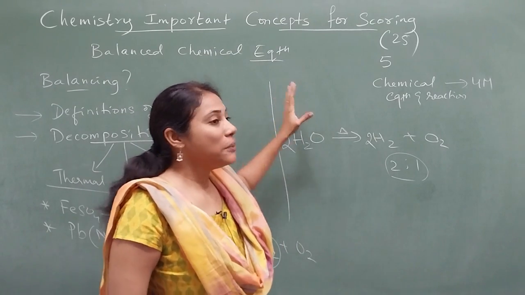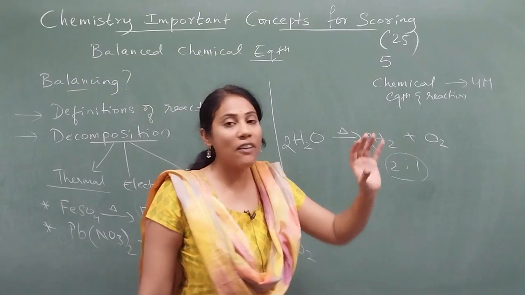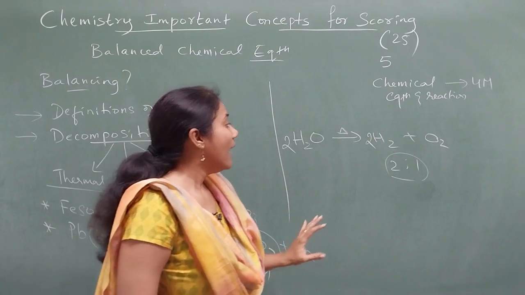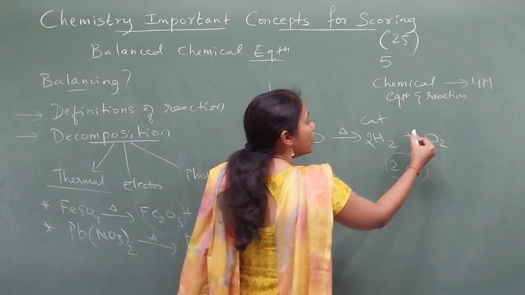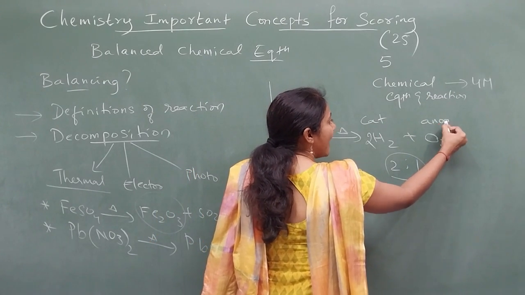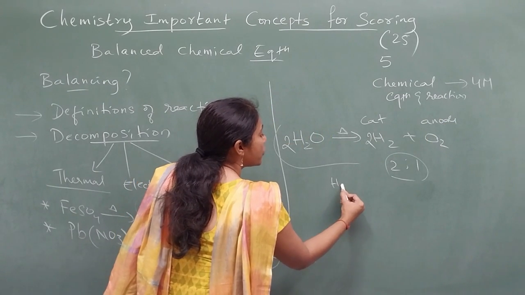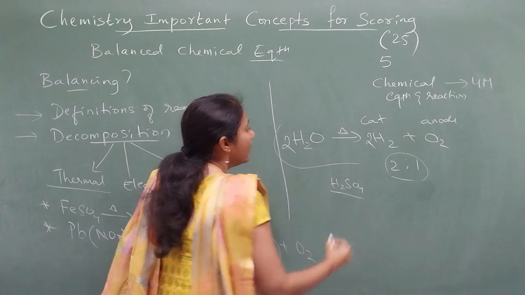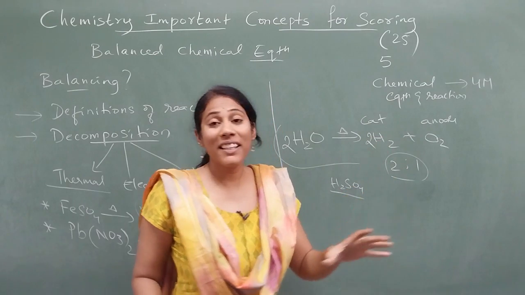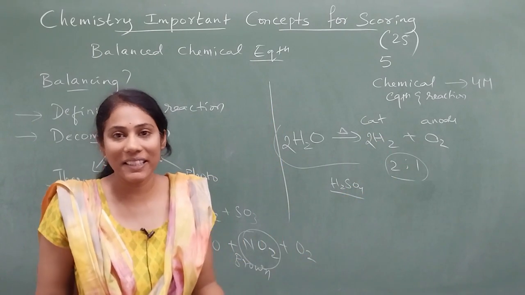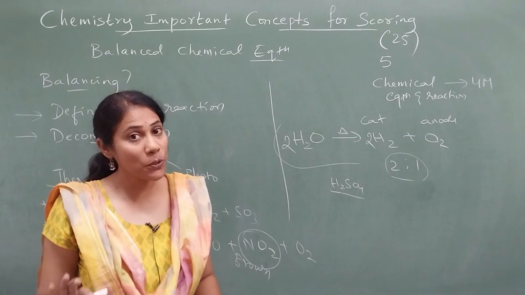Many a time the answers are just a chemical equation or just one word. Okay, fine. And you should know that hydrogen gas is obtained at the cathode and oxygen gas is obtained at the anode. Okay, and during this reaction H2SO4 is actually added. Okay, without H2SO4 the breaking of water does not happen that easily. That is the reason H2SO4 has to be added.